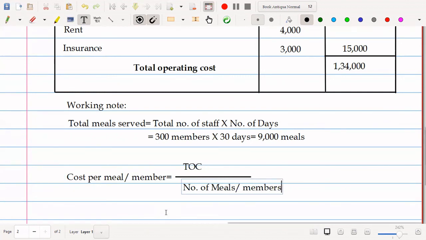Total operating cost is rupees 1,34,000 divided by total number of meals. We have calculated it now, 9,000 meals.